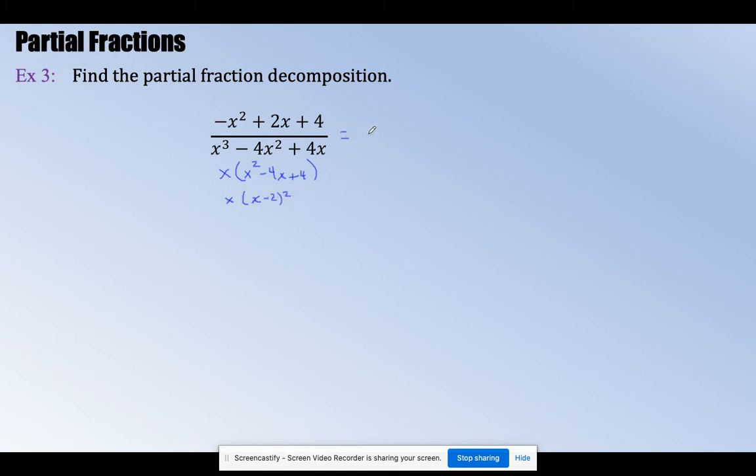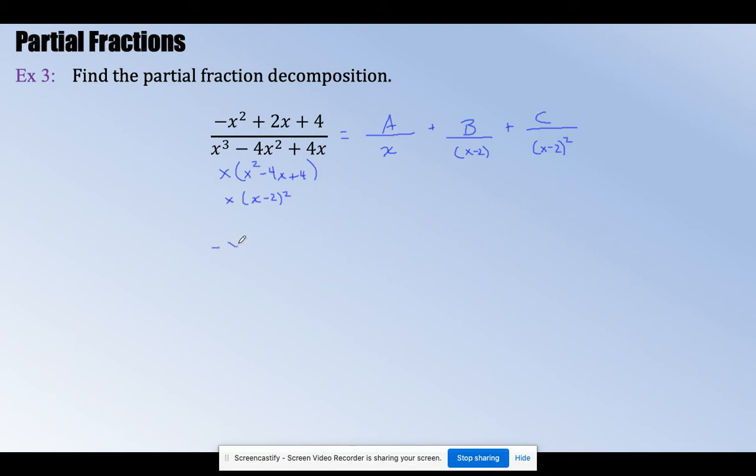So when I rip this into parts, the first part is x, to the first and it is not repeating, plus x minus 2 to the first, plus x minus 2 squared. Now the factors themselves are linear, so I just have a, b, and c this time.